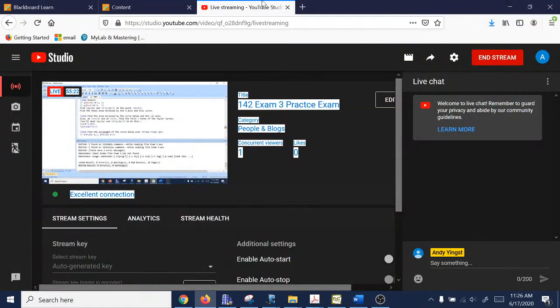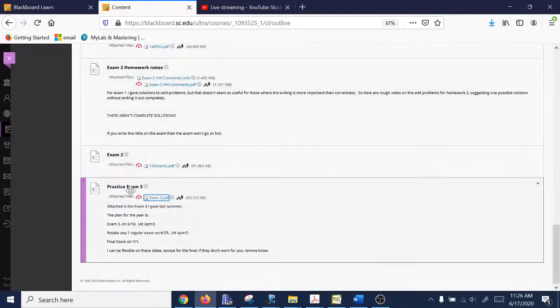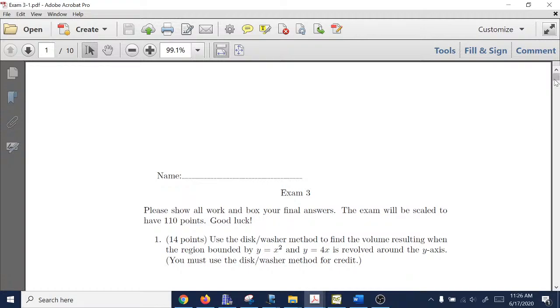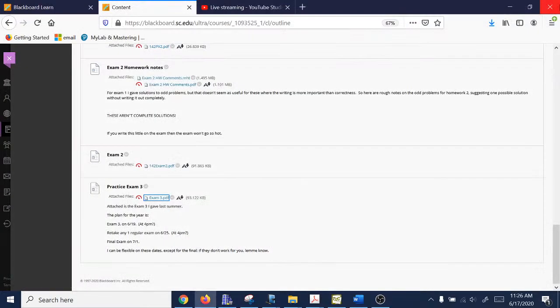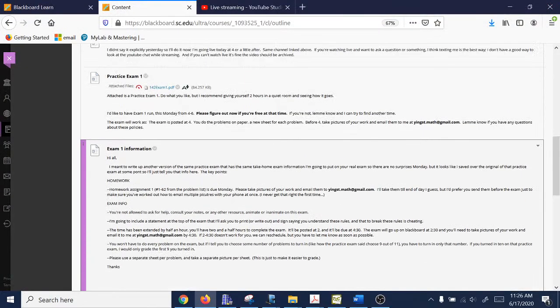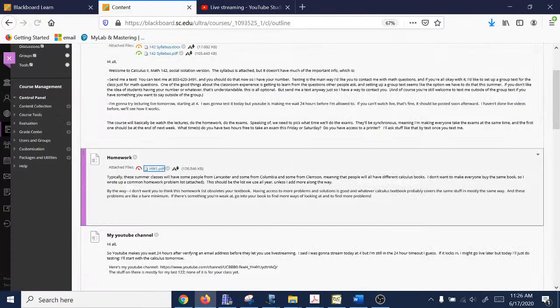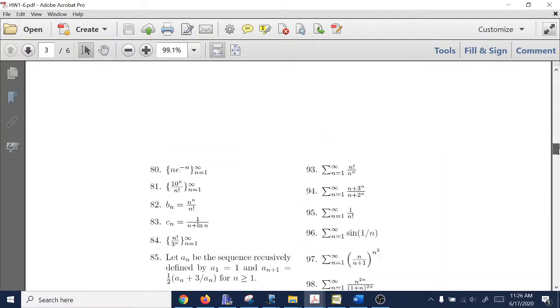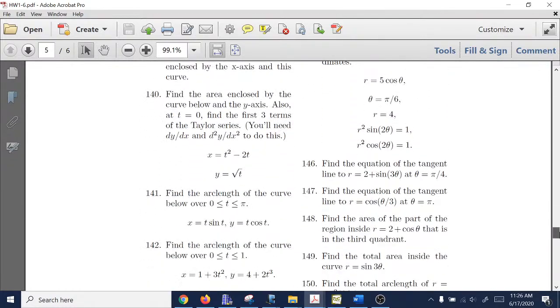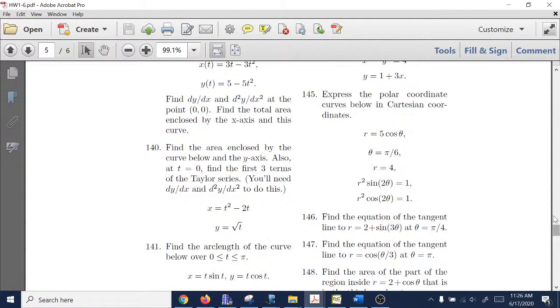What does it look like on Blackboard? No, that's the practice exam. Oh, okay, I've already tried to change the problem to not be at t equals 0.